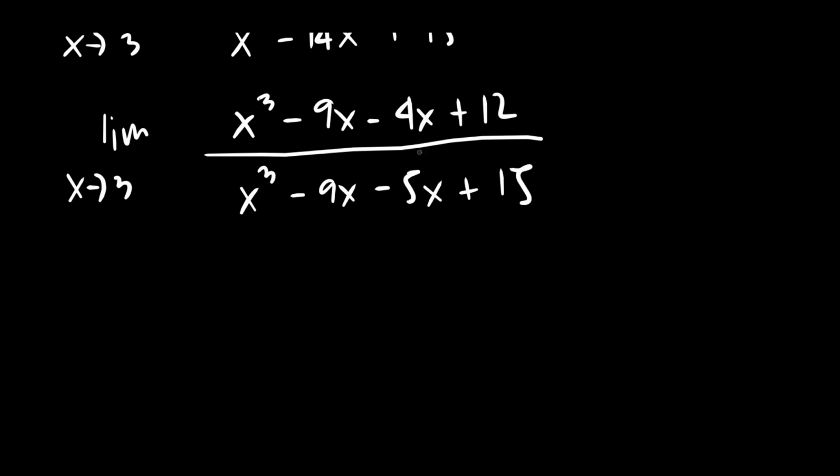Why do we rewrite it this way? So that by algebraic manipulation we can factor both sides.